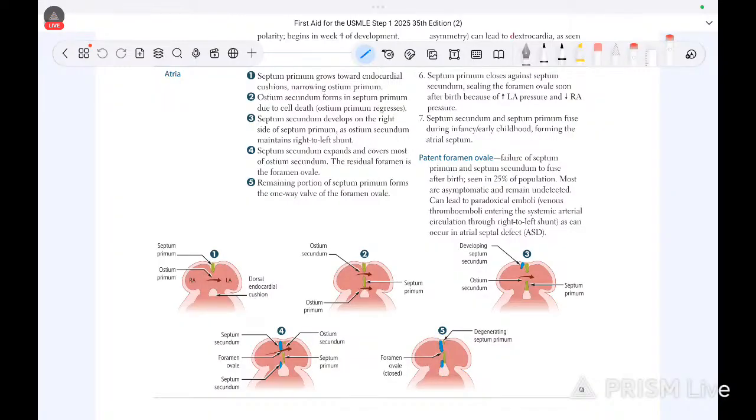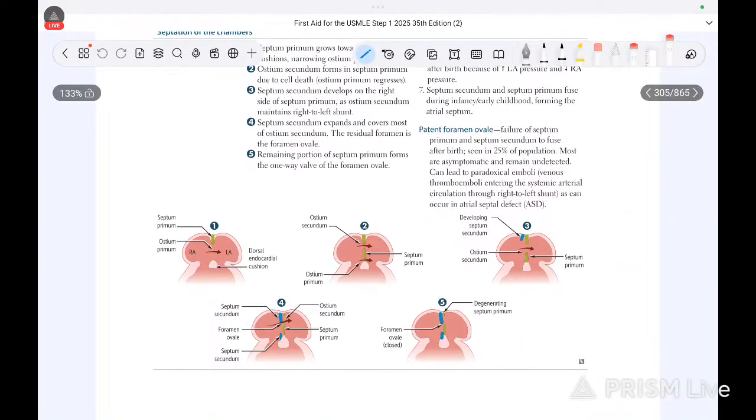If there is a failure of septum primum and secundum fusion after birth, it is seen in 25% of the population, who are mostly asymptomatic, but it can lead to paradoxical emboli. What it means is that a venous thromboembolus enters the systemic arterial circulation through the right to left shunt.